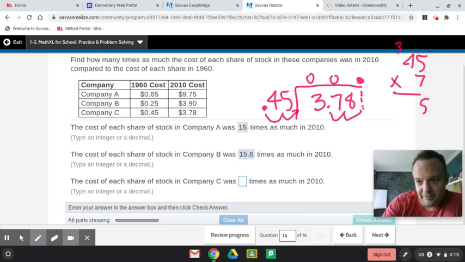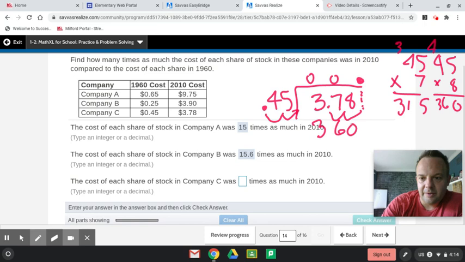28. Let's see if 8 works. Yeah, 8. Add a 0, bring it down. 45 goes into 180.